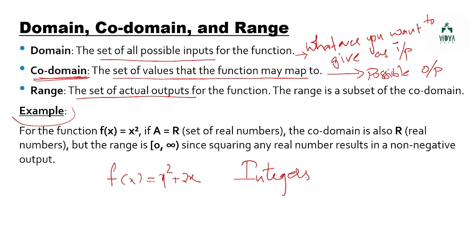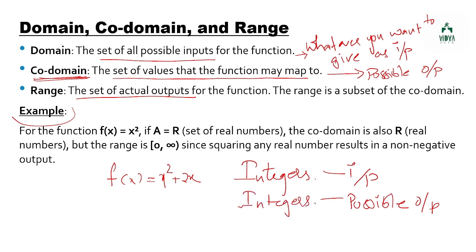This I am defining. Okay. So what are the possible outputs? This is input. What are the possible outputs we may get? Those also might be positive, negative, zero also sometimes. So it will be integers.